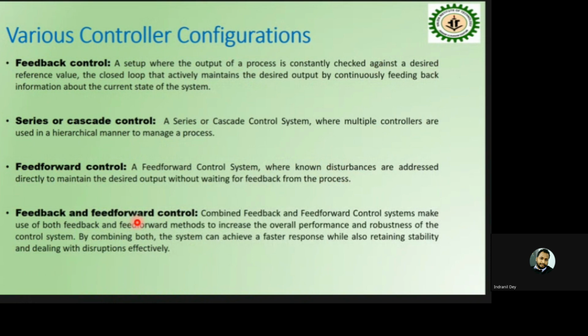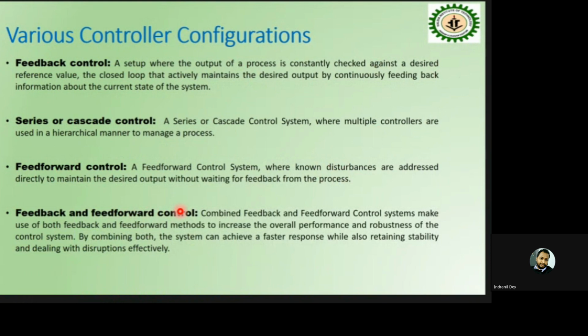Next is feedback feed forward. This particular type is a combination of two control loops where one can deal with reaching the desired set point and another one can deal with the disturbance rejection.